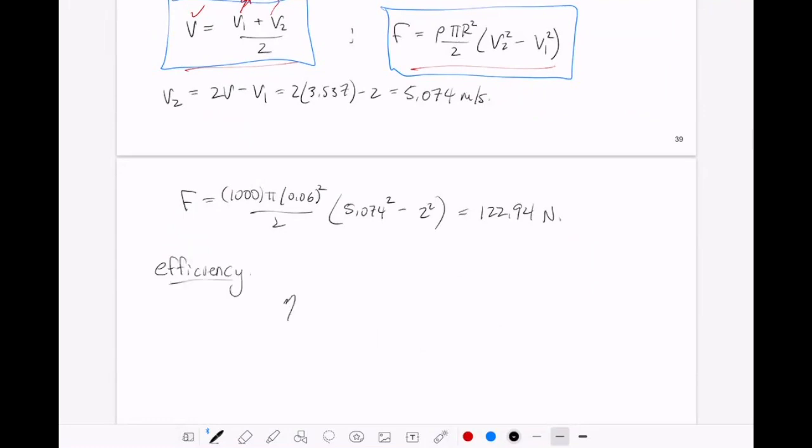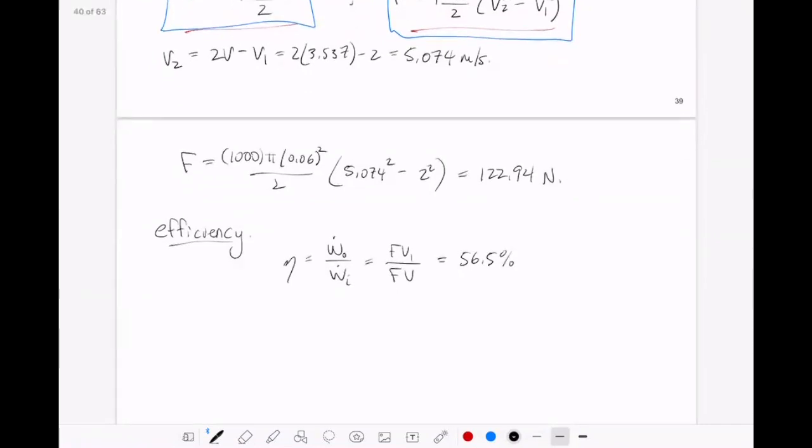We said that the efficiency is equal to the rate of work output divided by the rate of work input, which is equal to F v1 divided by F v. So if we did this, we would get 56.5%.